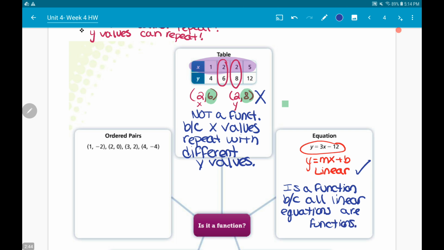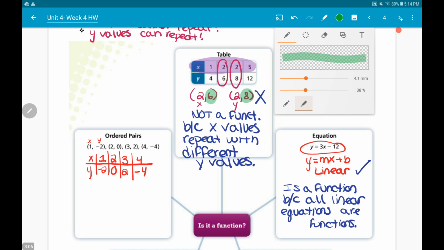All right, let's look at the points on the left. Now, I like, just for the sake of things, to put these points in a table. It helps me. So if you remember, every first thing is the x and the y is the second number. So 2, 0, then 3, 2, then 4, -4.